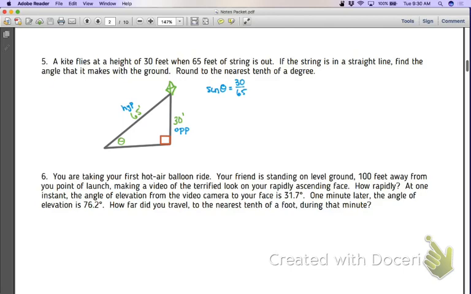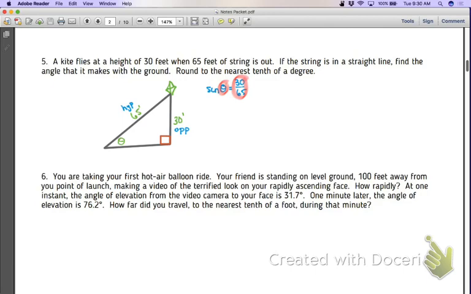Anytime you are having to solve for an angle, you're going to flip, just like we did when we had a variable in the denominator spot. Same thing if you were trying to find an angle measurement. I'm going to take theta and the 30 divided by 65, and they are going to switch positions.